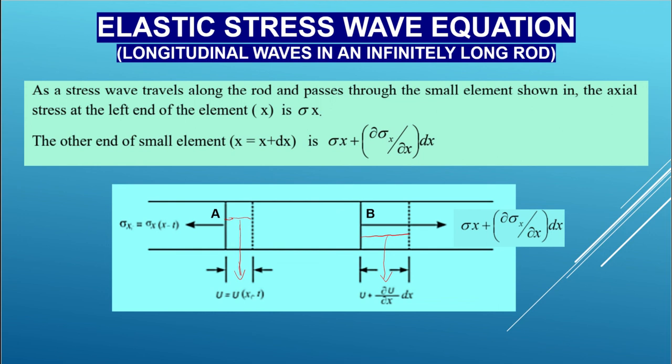This one I have already explained. This is part A, and it was displaced to this dotted line after a displacement of u, whereas B was displaced to this dotted portion, and the displacement was u plus dou u by dou x into dx. Also, in A the stress was sigma x, and in B it was sigma x plus dou sigma x by dou x into dx.